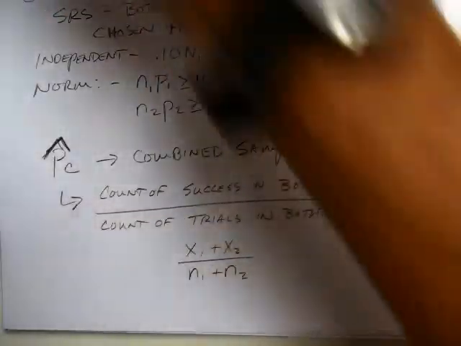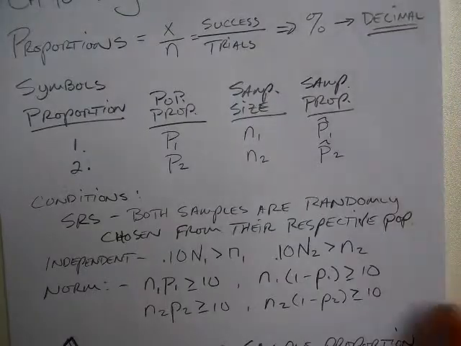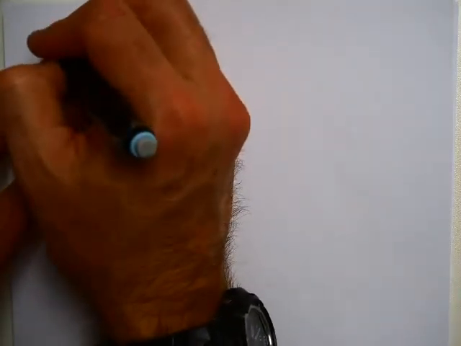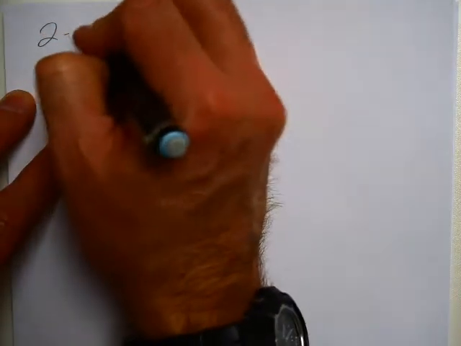So, go to the next page, which is not that page. There we go. So, confidence intervals. That's what we're going to be looking at today. So, a two-prop confidence interval.